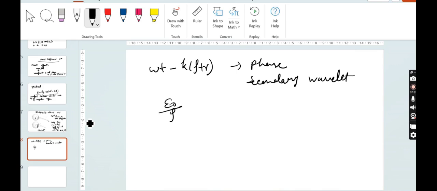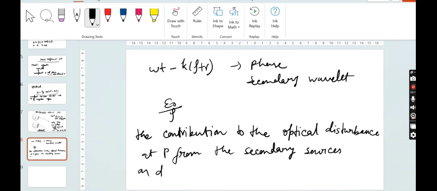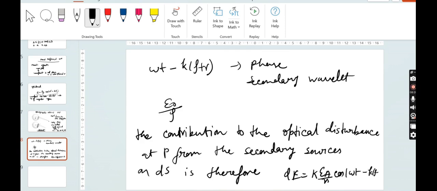So the contribution to the optical disturbance at P from the secondary sources on ds is dE, and dE is K Ea by r times cos of omega t minus k (rho plus r), into ds.